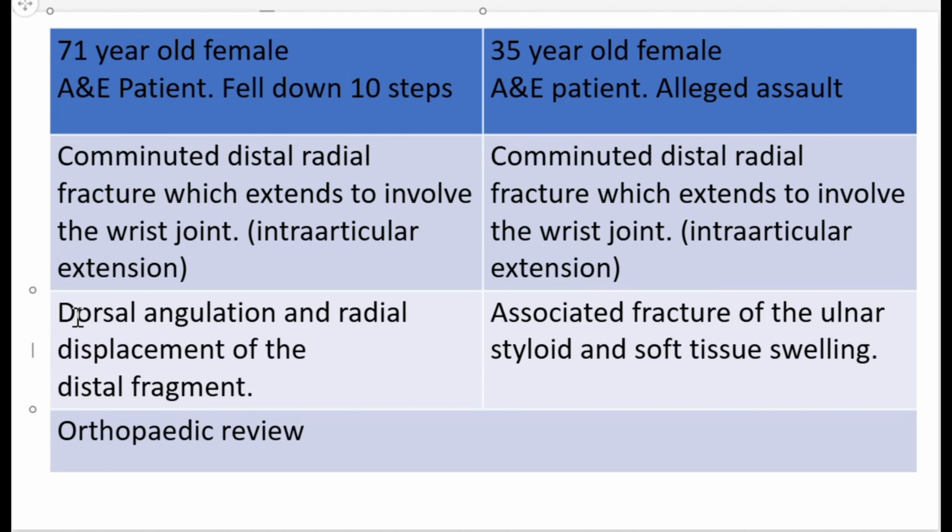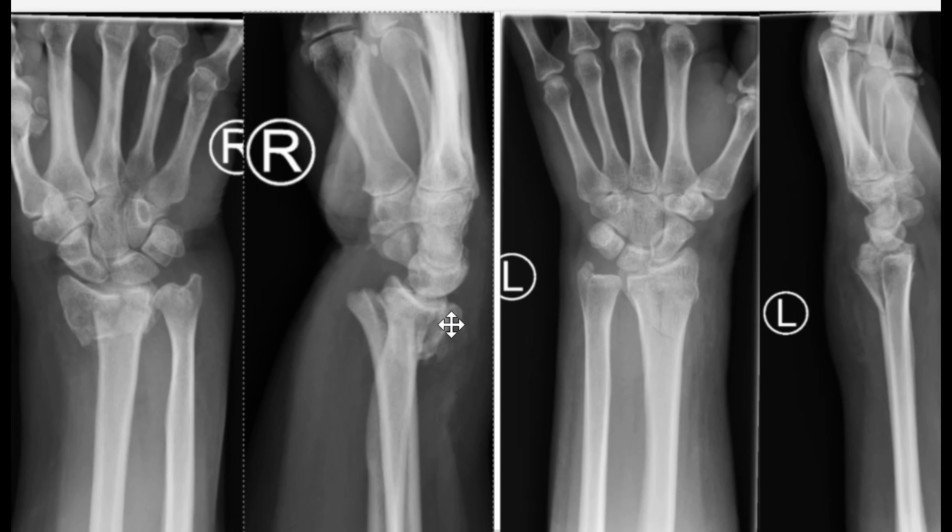Also there is dorsal angulation and radial displacement of the distal fragment. This is the dorsal aspect of the hand, and this is the palmar aspect of the hand.